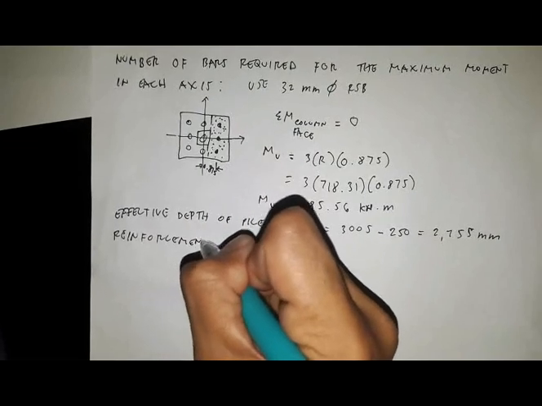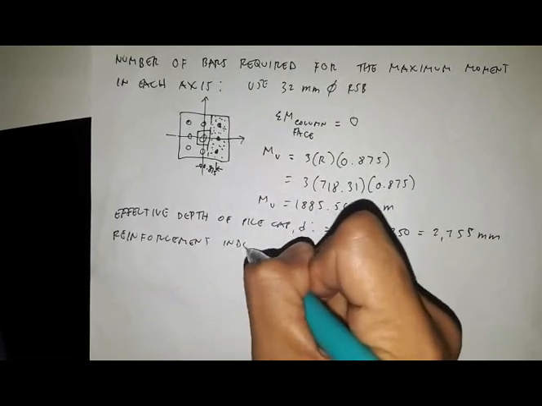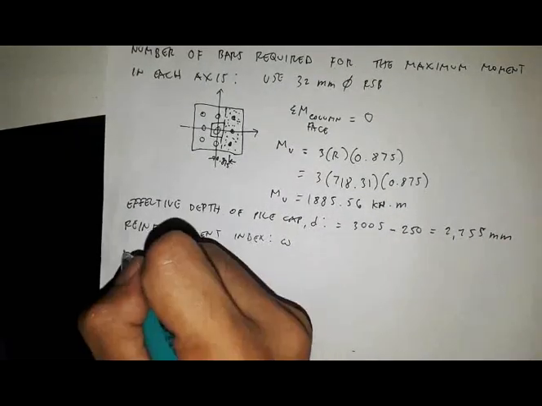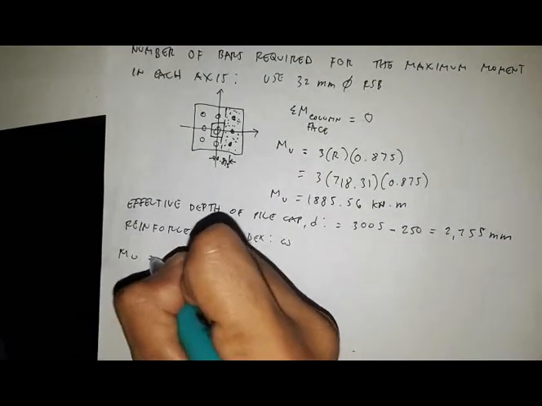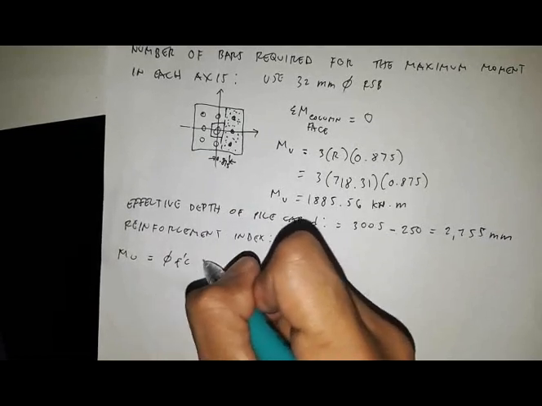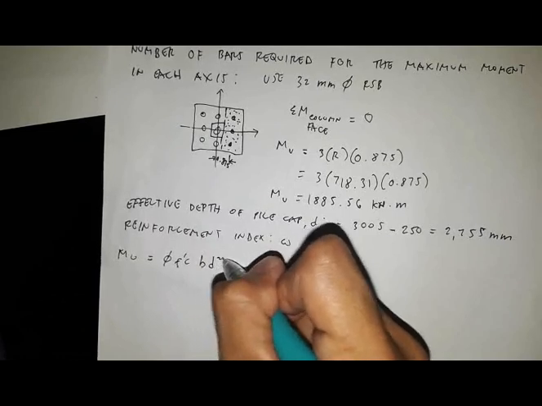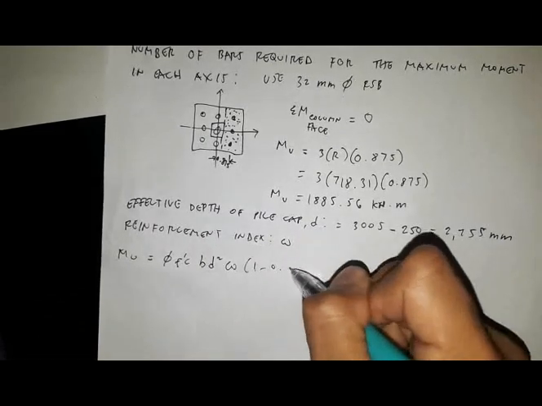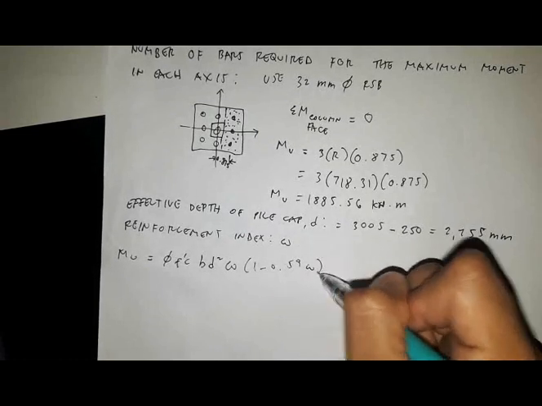the reinforcement index omega. So we have Mu equals phi fc prime b d squared omega times 1 minus 0.59 omega.